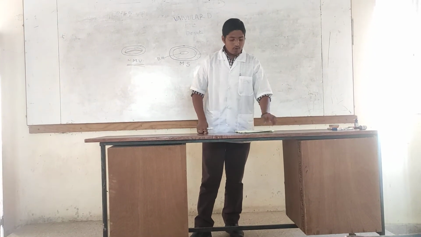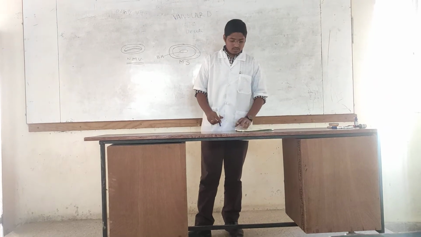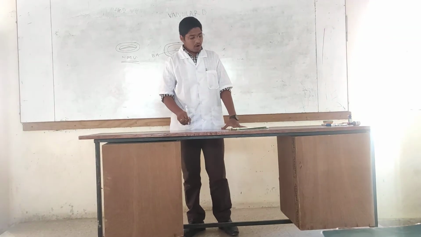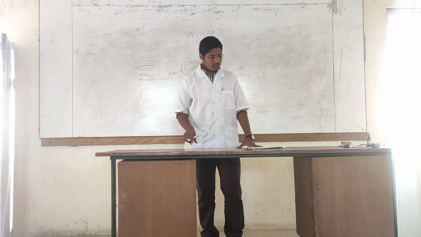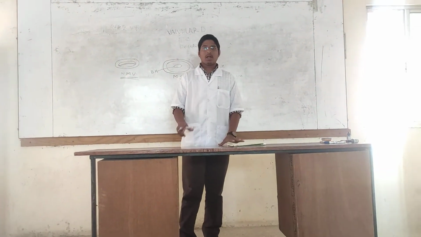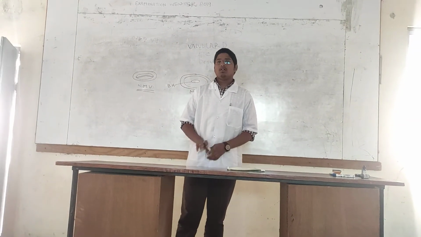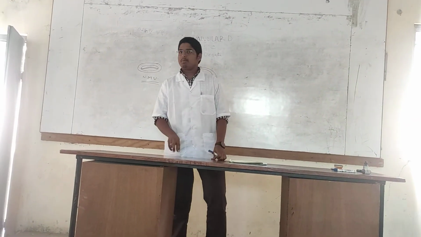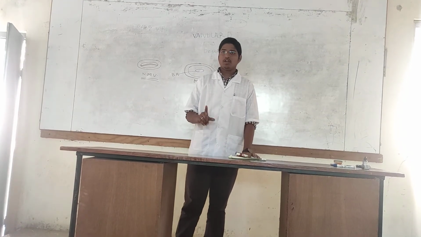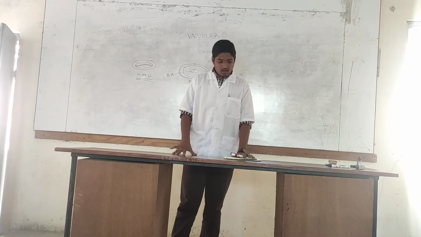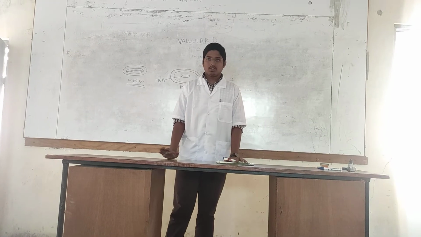Then the fourth one is aortic insufficiency. One fourth of all patients with aortic insufficiency are males, having a history of Marfan syndrome. Marfan syndrome is an inherited connective tissue disorder. Etiology: chronic rheumatic heart disease, myxomatous degeneration, infective endocarditis, then syphilitic endocarditis, Marfan syndrome.